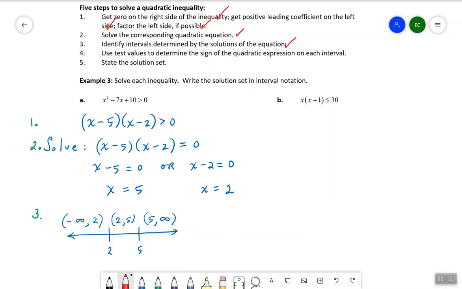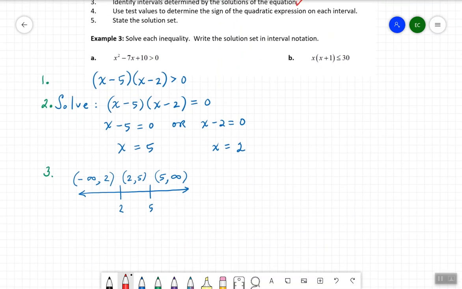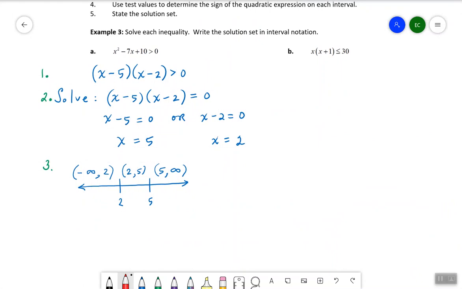Let's think about just why that would be true. If we look back up here at step 1, we're asked to find when the product of this number, x minus 5, and this other number, x minus 2, is positive.